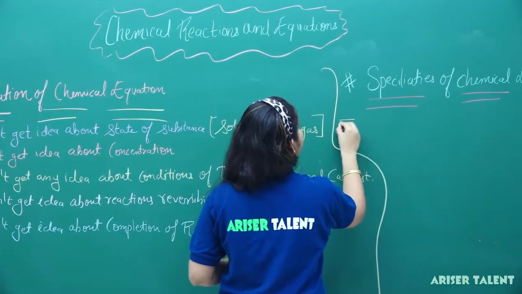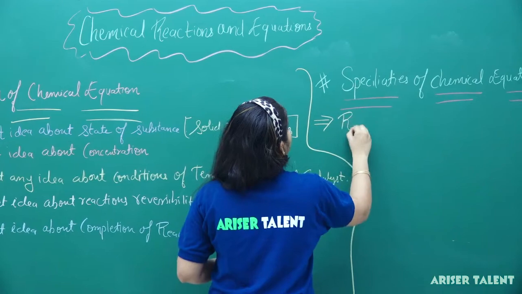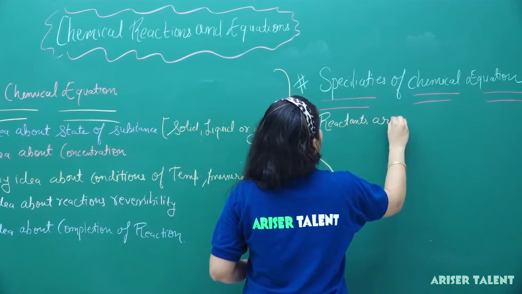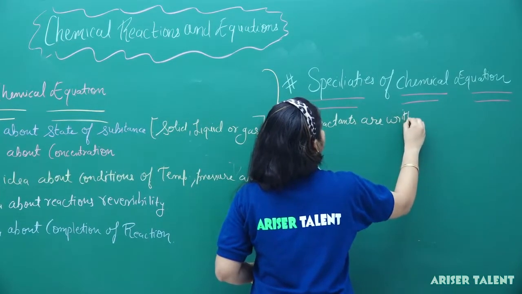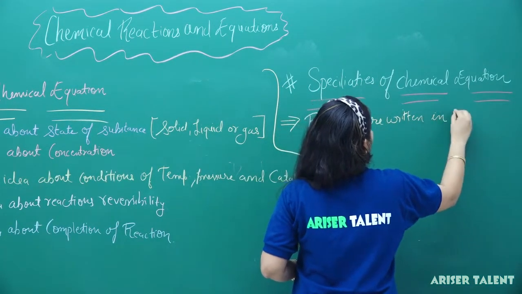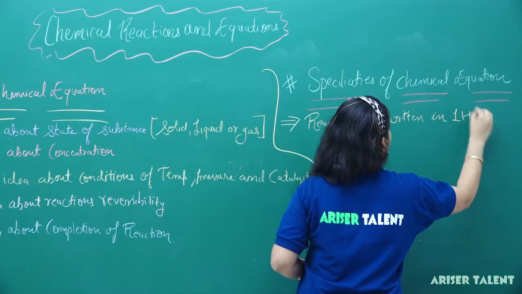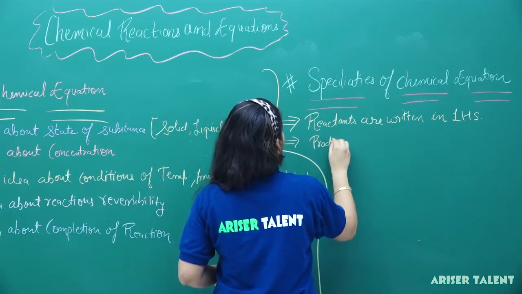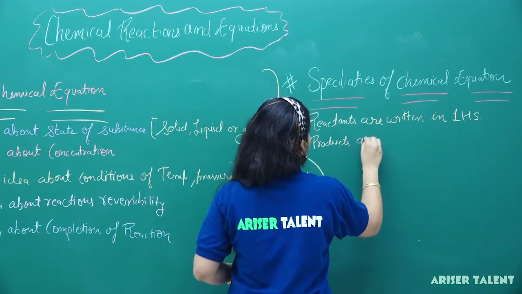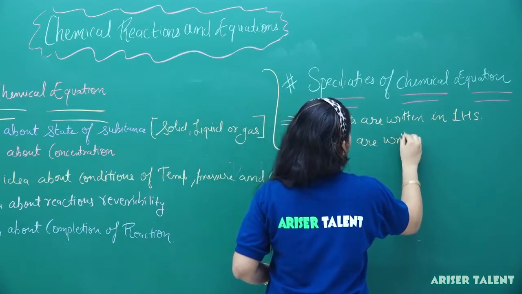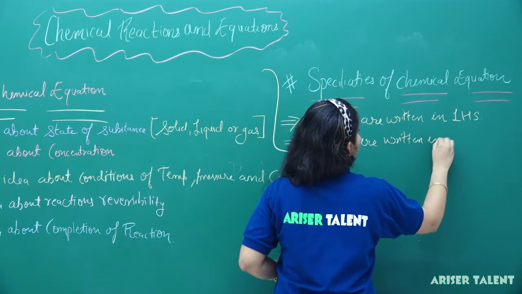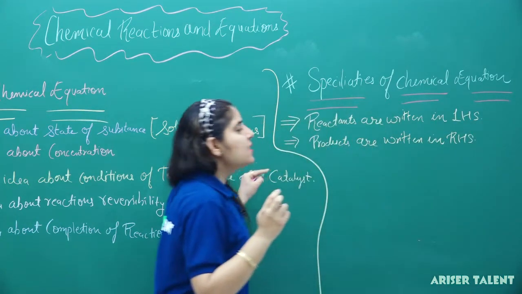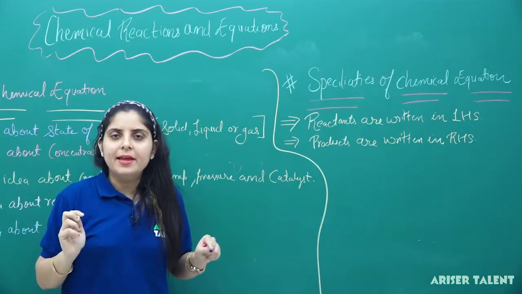So, the first specialty is reactants are written on the left hand side of the equation, and the second point is products are written on the right hand side of the equation. So, these are the two specialties of the chemical reaction.